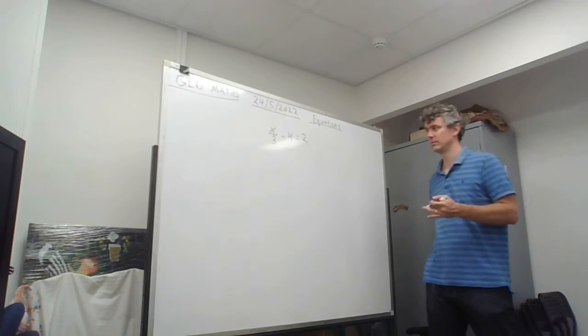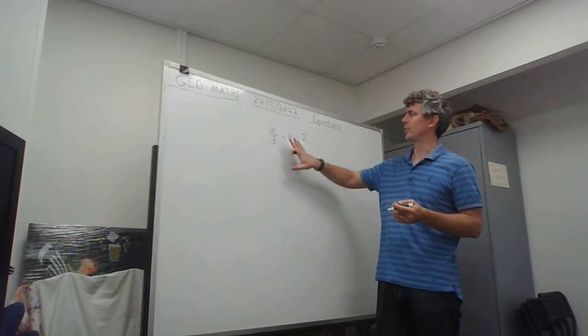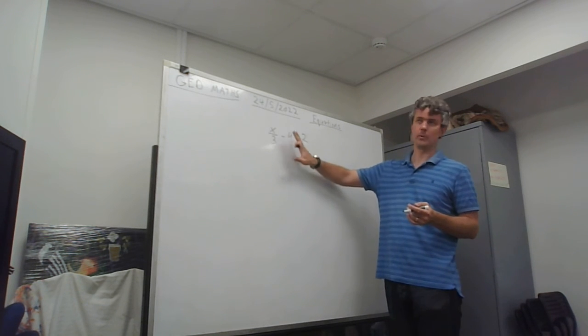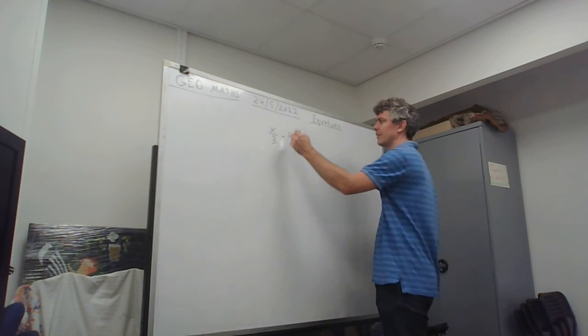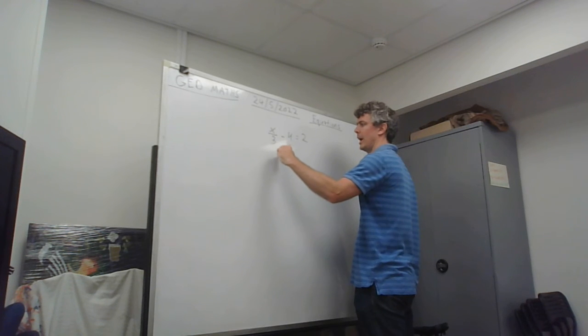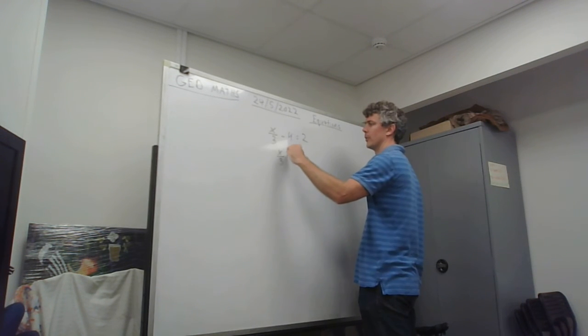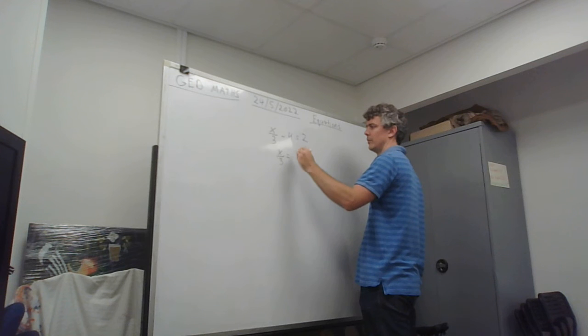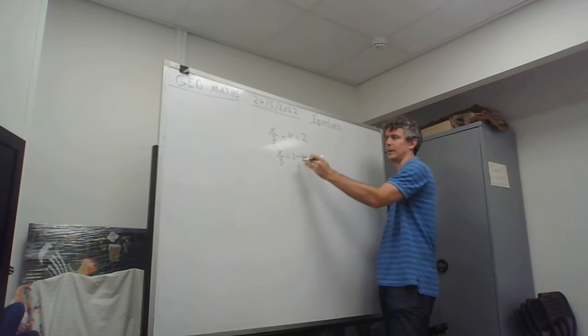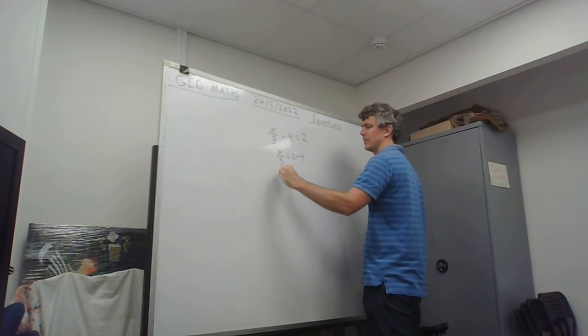First we want to get rid of this, right? We want just the term here. So we'll add 4 to both sides. So minus 4 plus 4 is 0, and then 2 plus 4. Okay, we added 4 to both sides. So that means x over 3 equals 6.